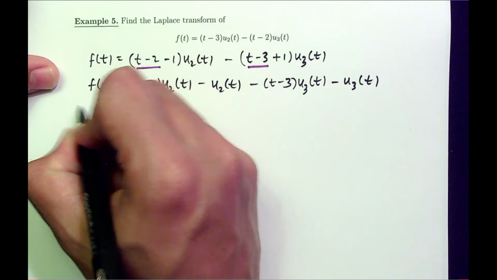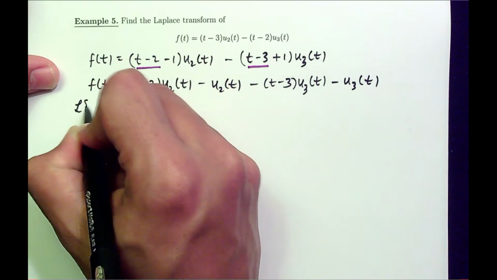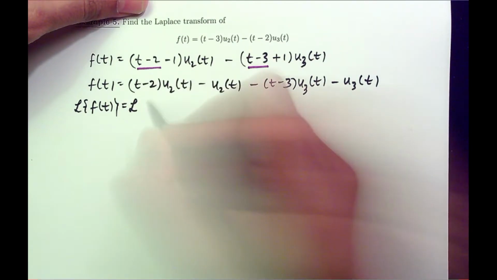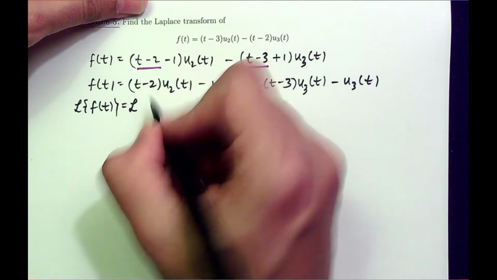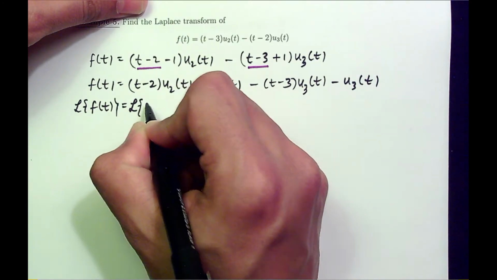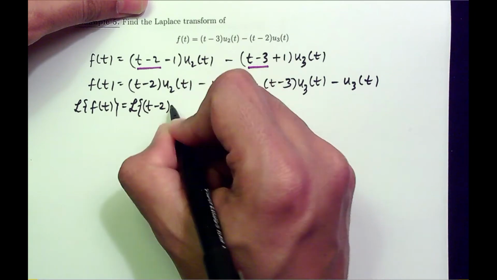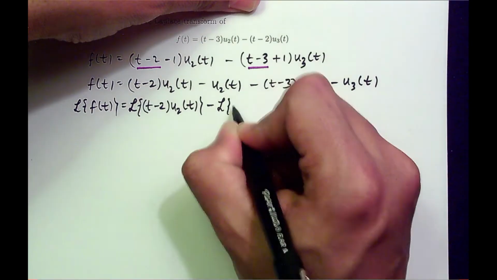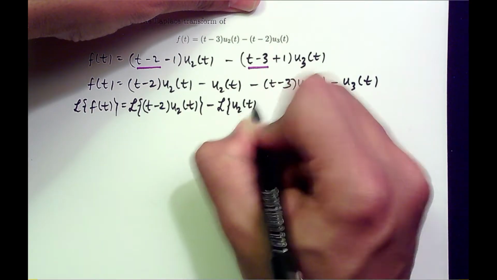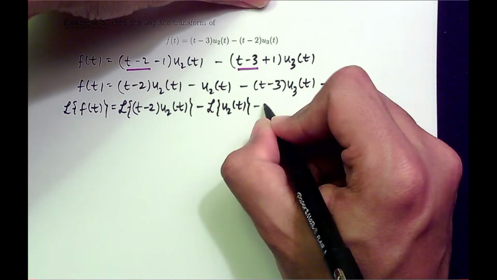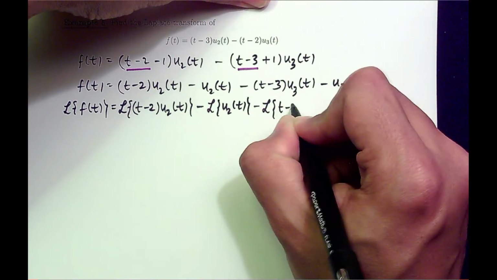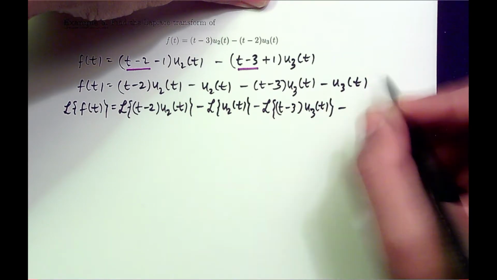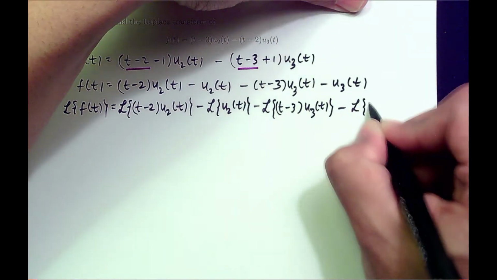Let's take L on both sides. It's going to be the Laplace transform of f of t is, and using the linearity, I can just find the Laplace transform of each piece. So this is the Laplace transform of t minus 2 u2t, minus the Laplace transform of u2t, minus the Laplace transform of t minus 3 u3t, and then minus the Laplace transform of the last one.